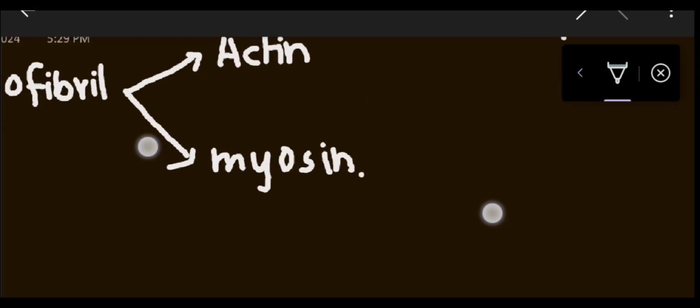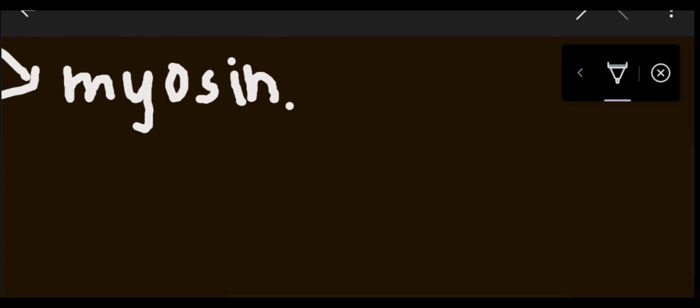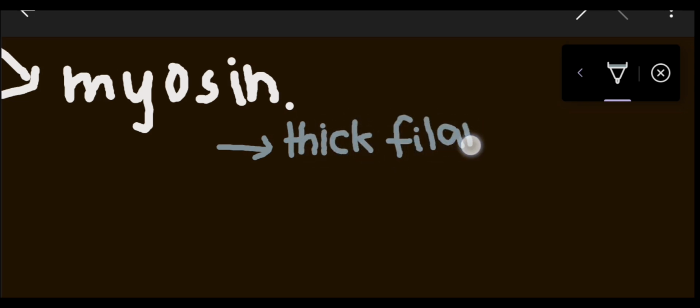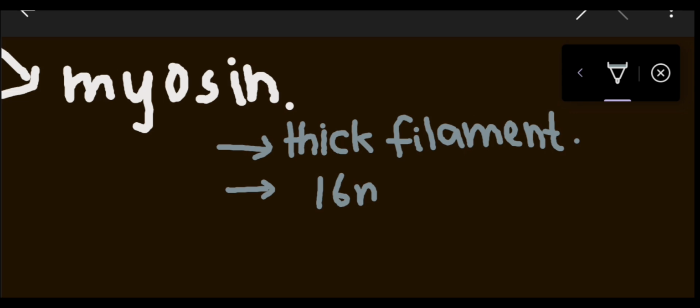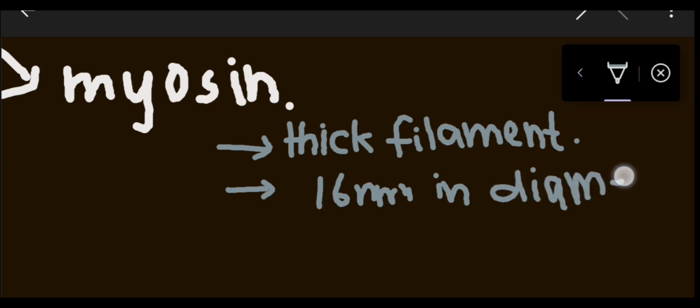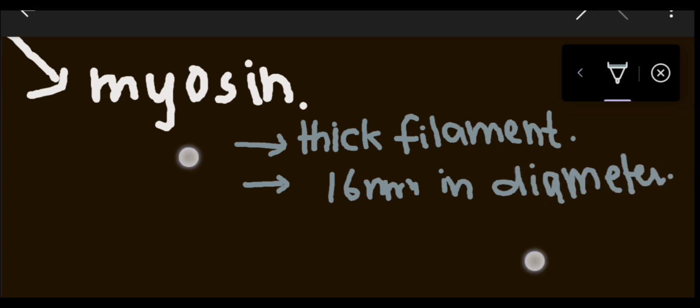So first of all, let's discuss myosin. Myosin filament is also known as the thick filament. The size or diameter of this myosin is 16 nanometers.